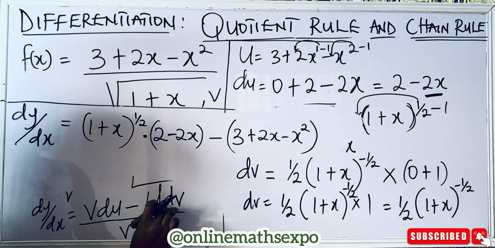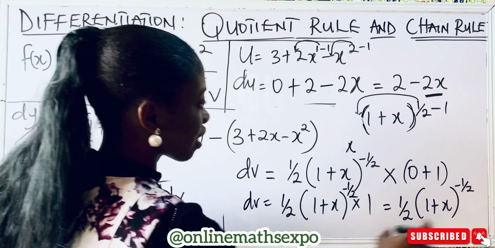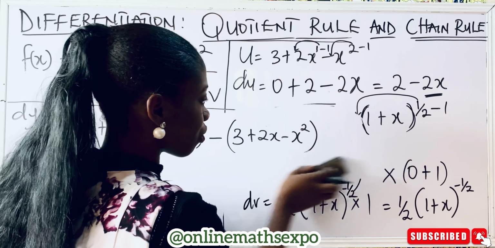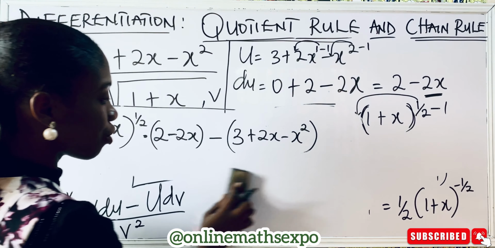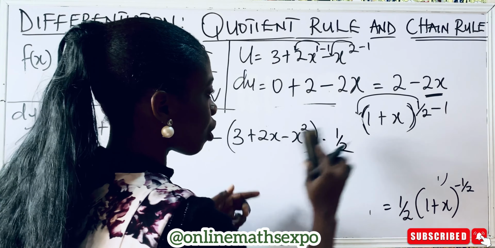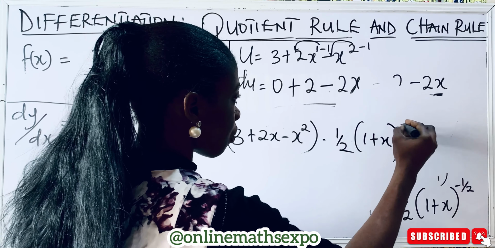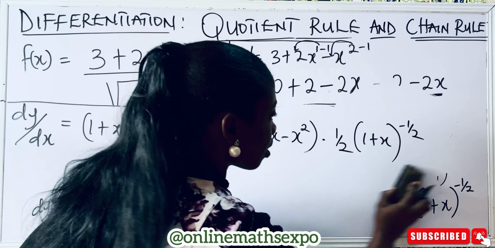Then your dv, as we have gotten our dv as this. So you write your dv as half multiplying 1 plus x to the power of negative half.